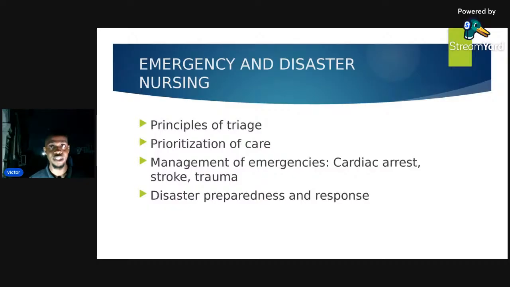Another one is breathing. You ensure that the person's respiration is constant. There are qualities you have to check for. You check the rate of respiration: is it rapid, is it slow? You check the depth.